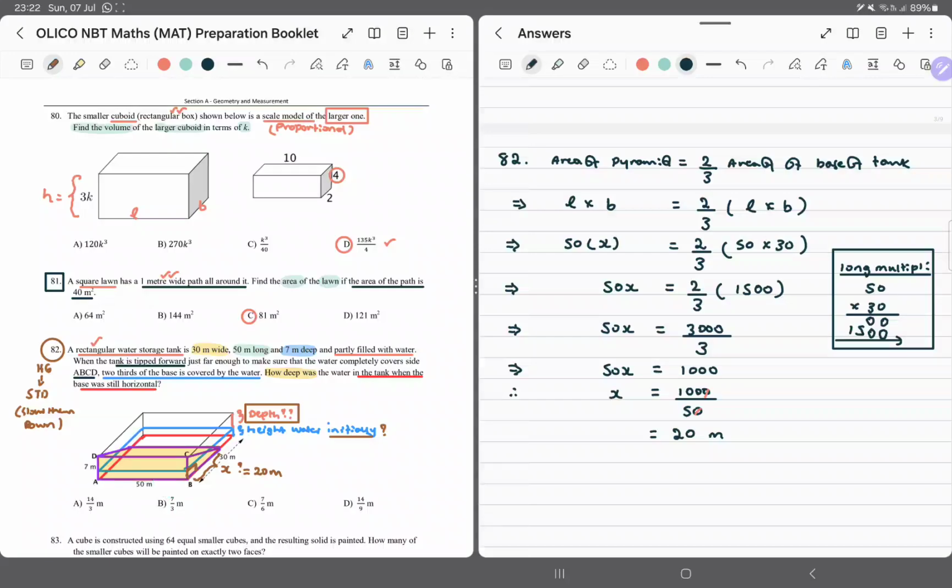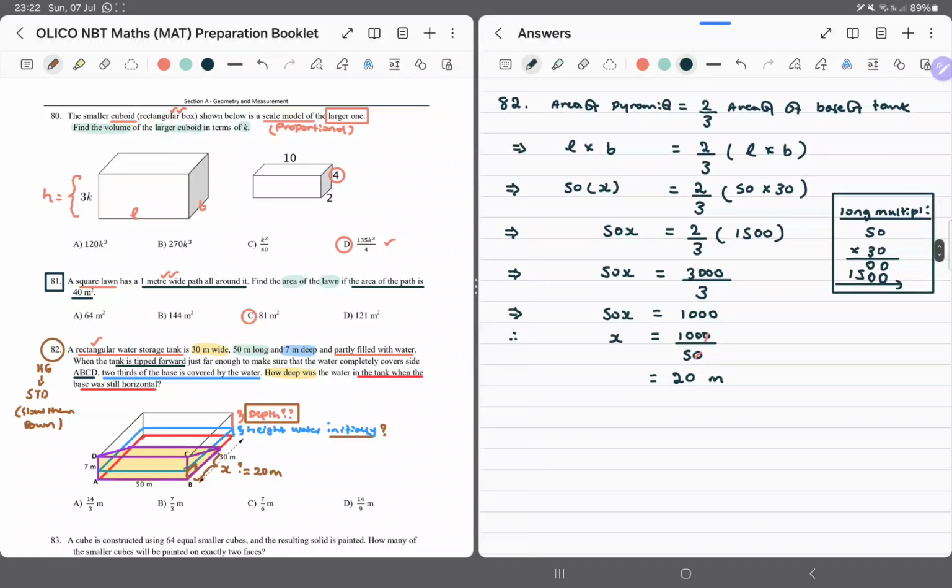So we want the volume of the pyramid, which is the water. So basically when we say water here, the pyramid represents water. We can say here also volume of water, which is the pyramid, is going to be a triangular base multiplied by the perpendicular height, or we can just say this is a rectangular base multiplied by the perpendicular height.